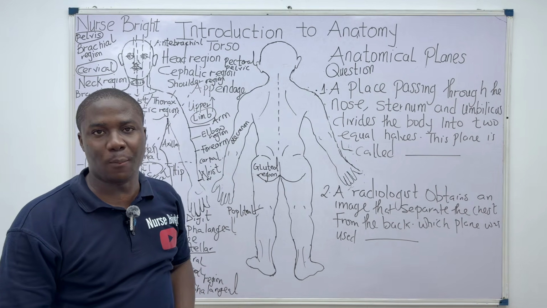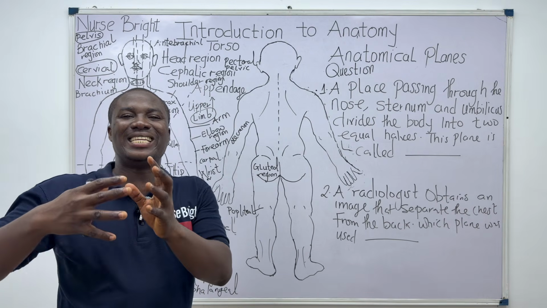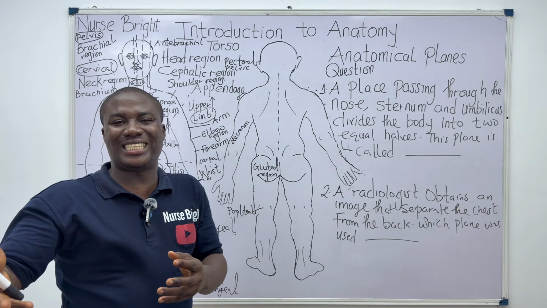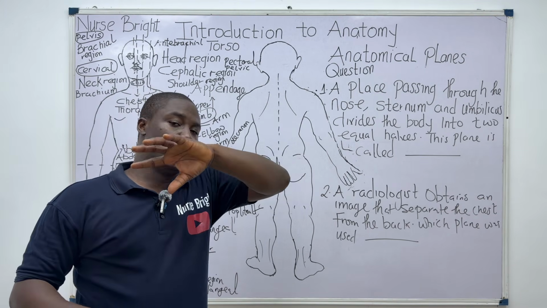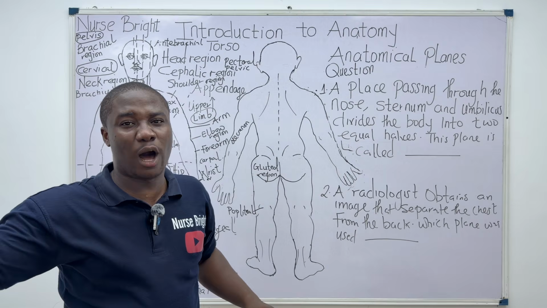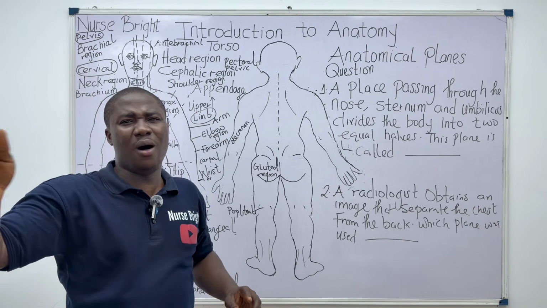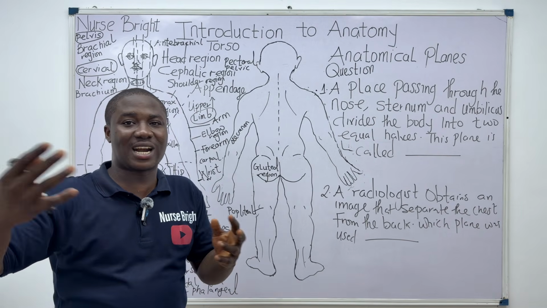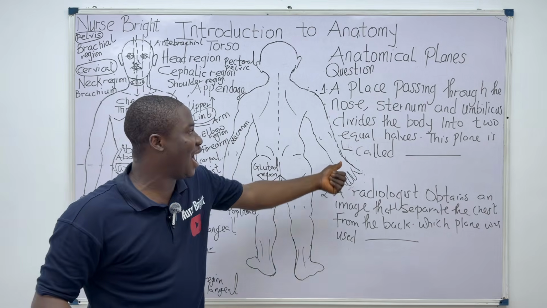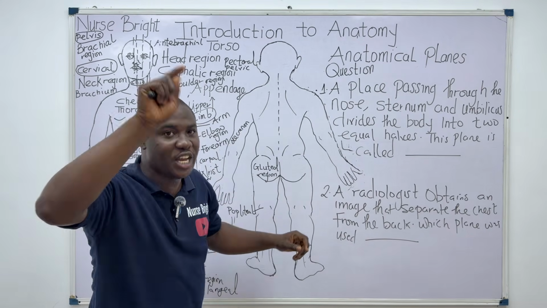What's that plane called? Is it the median or mid-sagittal plane, the sagittal plane, the parasagittal plane, the coronal plane, the oblique plane, or the transverse, horizontal, or axial plane? Provide the answer in the comment section. I've taught you already. You can do it.